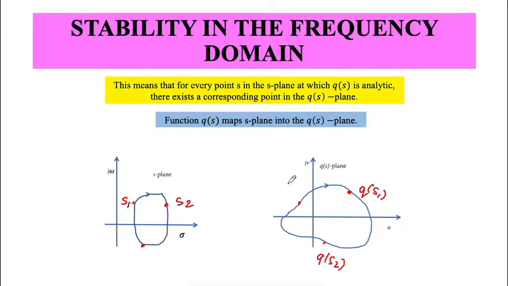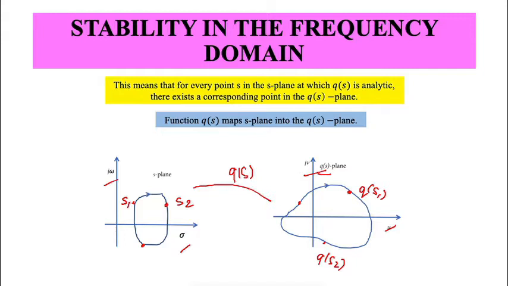Okay, so this Q(s) function maps the S plane, which is equal to sigma and j omega, to the Q(s) plane with the coordinates I will call u and v.